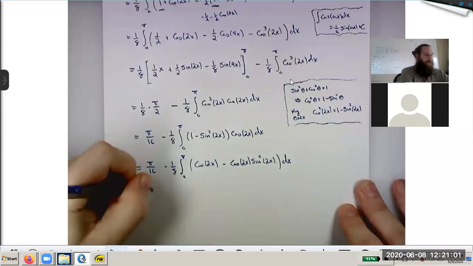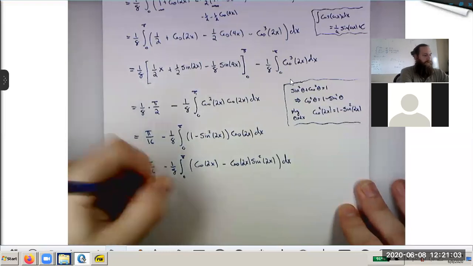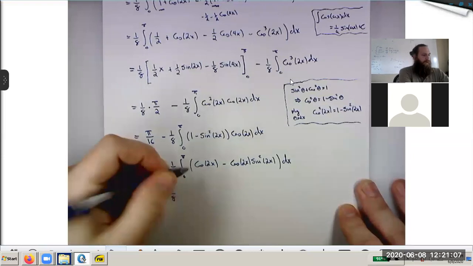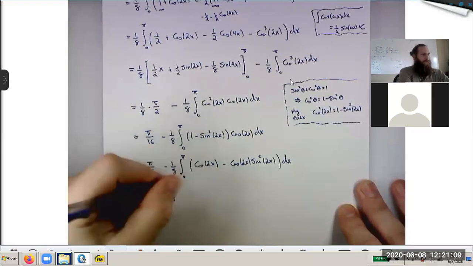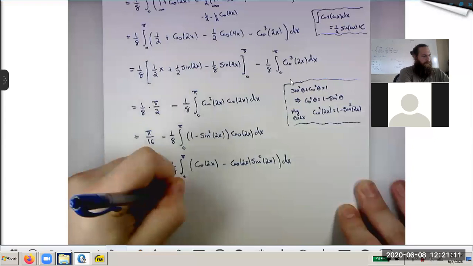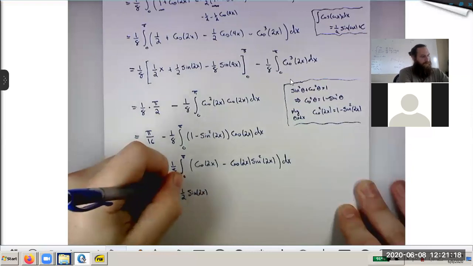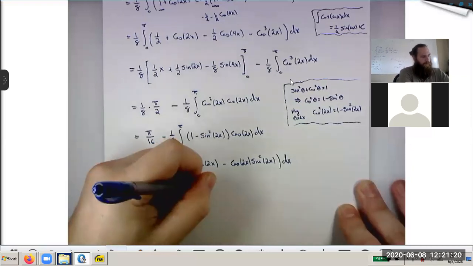So this is pi over 16 minus 1/8. The antiderivative of cos 2x is sine 2x over 2, so it's 1/2 sine 2x, and that piece needs to be evaluated from 0 to pi.